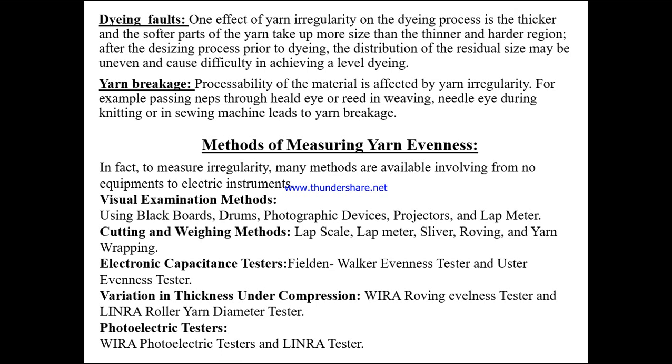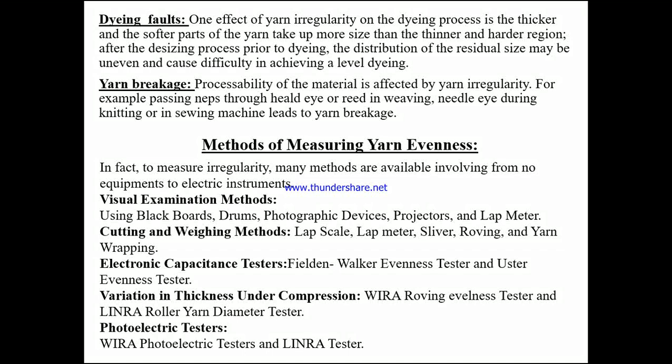Then we calculate the average weight, standard deviation, variance and CV percentage. Then we can plot the variance length curve, which we have already discussed. That is possible by the cutting and weighing method.